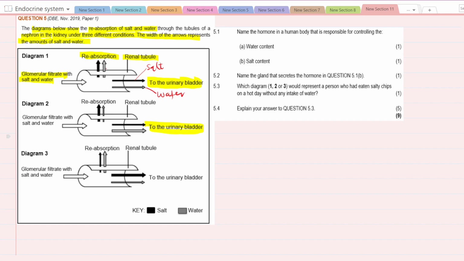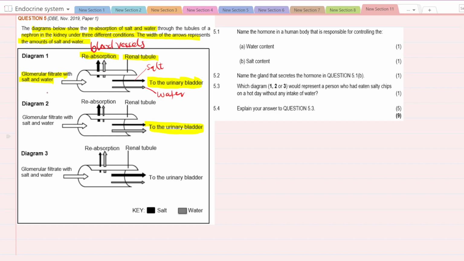As you can see here, there is some sort of a balance. There is less salt being lost as well as less water being lost, and more salt and water being reabsorbed in the blood vessels. Whenever they say reabsorption, just know it is in the blood vessels, meaning we are trying to increase.